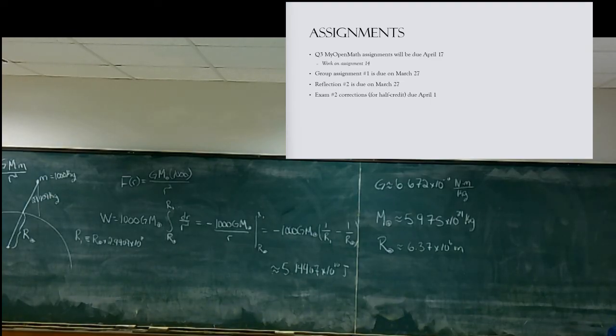And I am going to give you an opportunity to earn half the points you lost on the exam back by correcting the exam. You will do the corrections on loose leaf paper. You will attach it to the original exam and hand it back on April 1st. I need the original exam so I know how many points you lost and how many points to award you back.